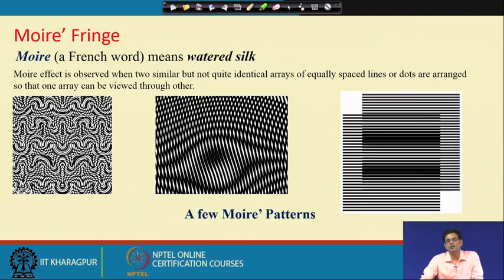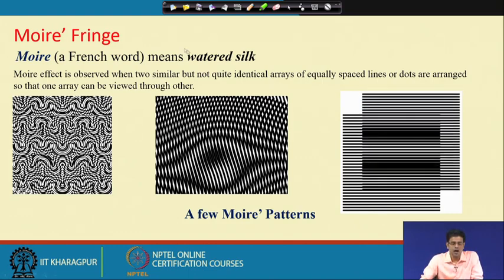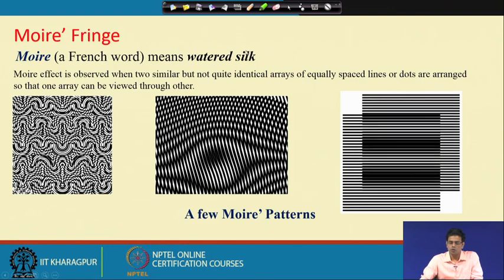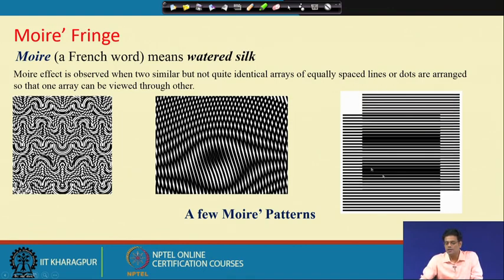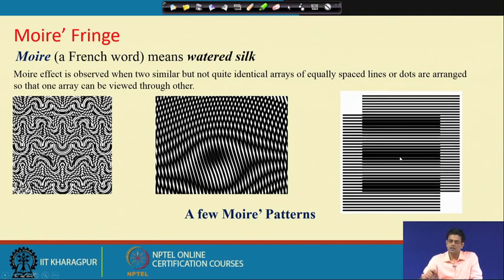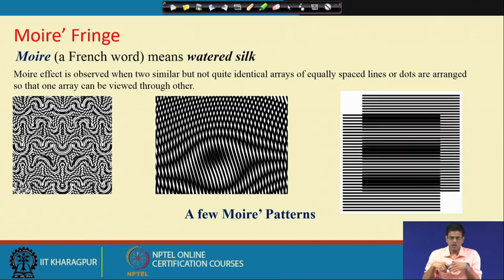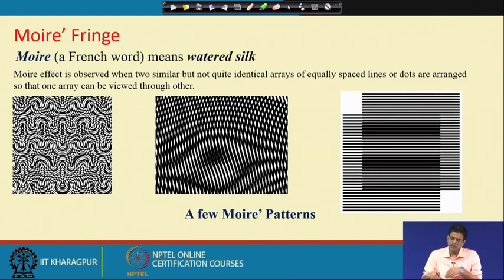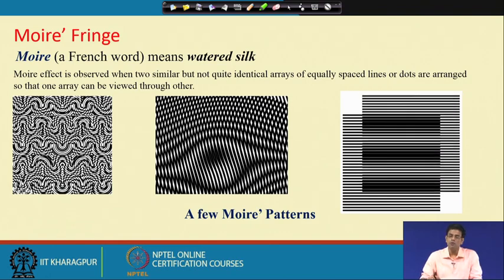Actually, this is a special type of material known as watered silk. If you look at the right-hand side picture, you will understand that if you place these two grated bodies, you see the inner layers very much visible in this common zone.